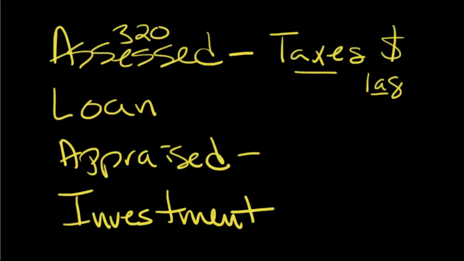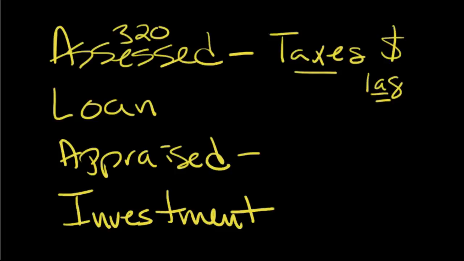So if you're working with an out-of-state buyer, they say, well, the assessed value is $320,000, why am I paying $380,000? Well, in Massachusetts, these things tend to lag behind. It's the value that the town puts on the property, and very often it's divorced from the actual price that someone's willing to pay for it.